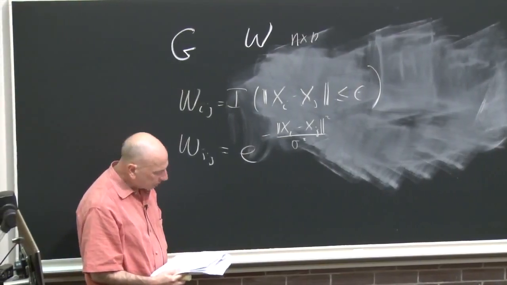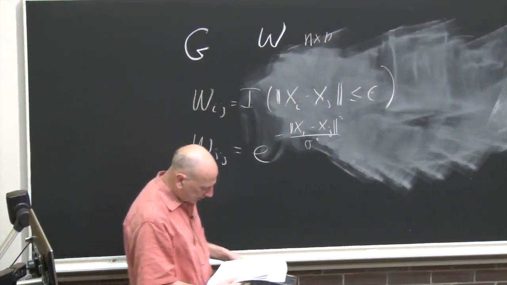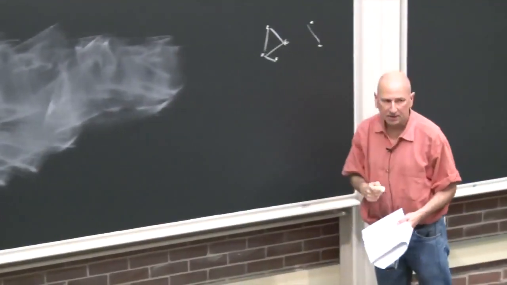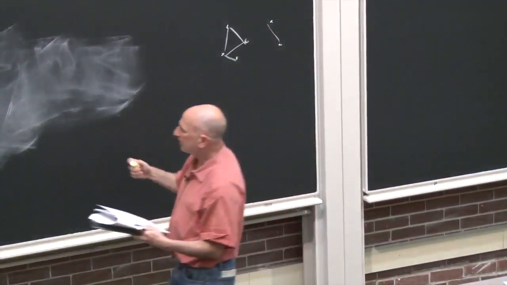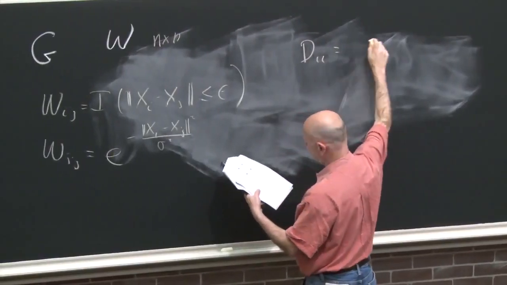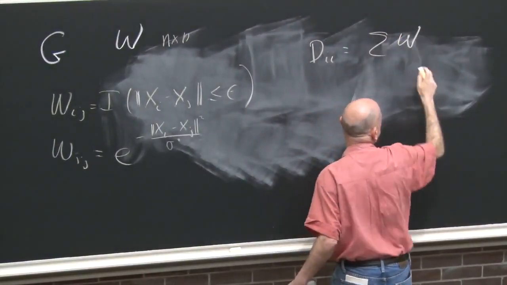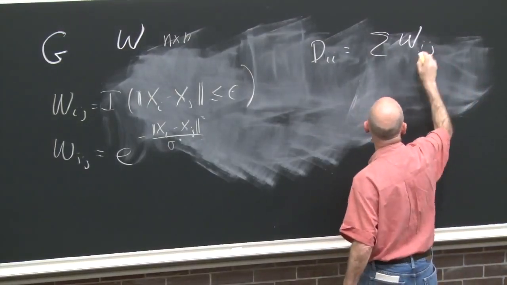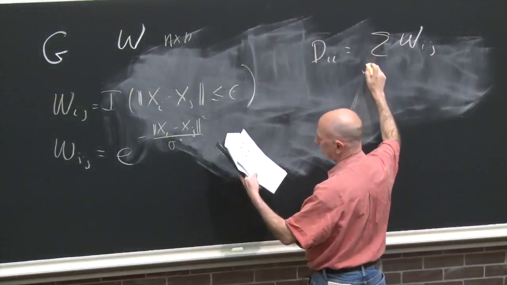And now for every node in the graph, for every observation, we're going to sum up the weights, which is called the degree matrix. So we define d_ii, which is just the sum over j of all the weights of the things it's connected to.